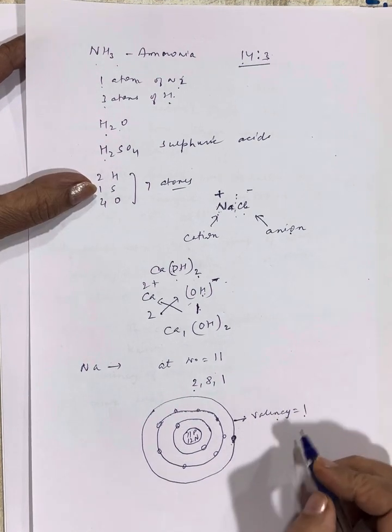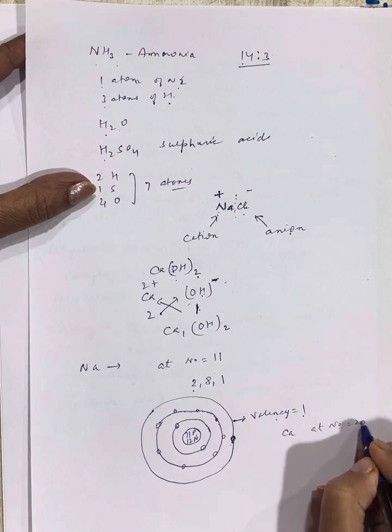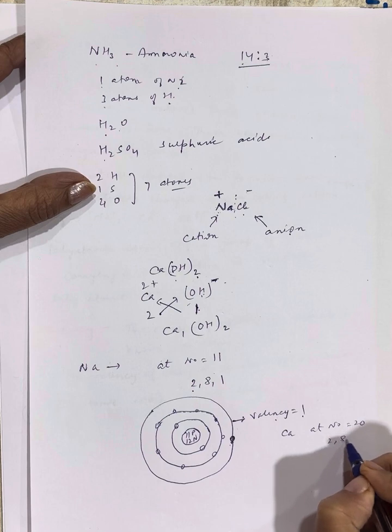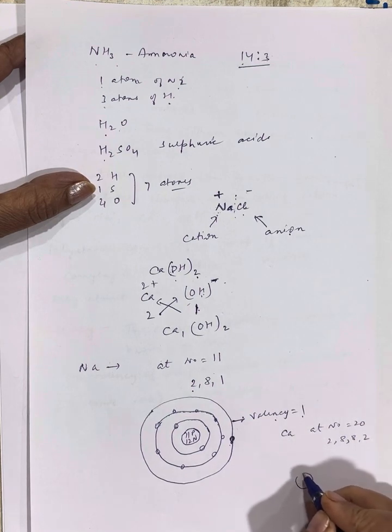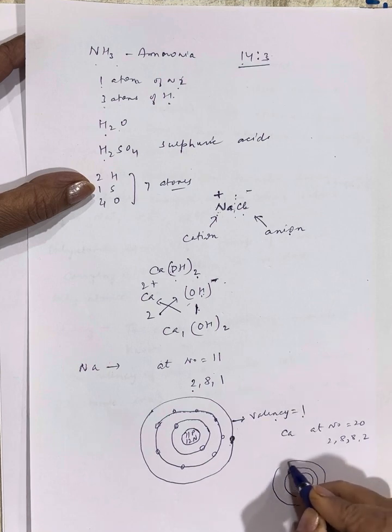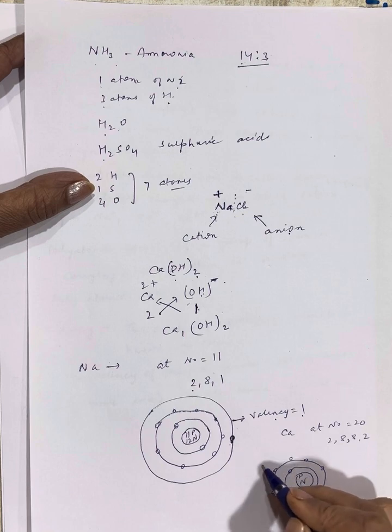In the case of calcium, the atomic number is 20, and the configuration is 2, 8, 8, 2. Again the nucleus is in the center with protons and neutrons, with 2 electrons in the first shell, 8 electrons in the next shell, and again 8 electrons in the next.